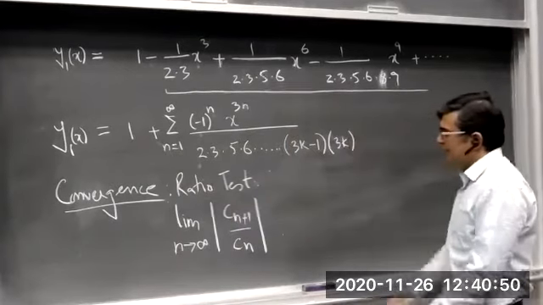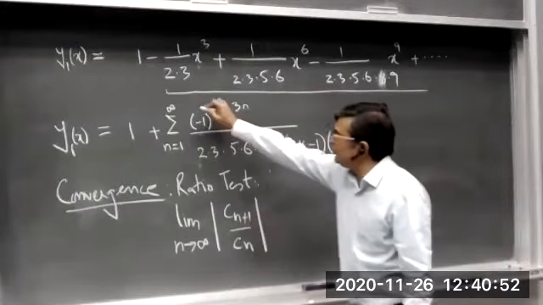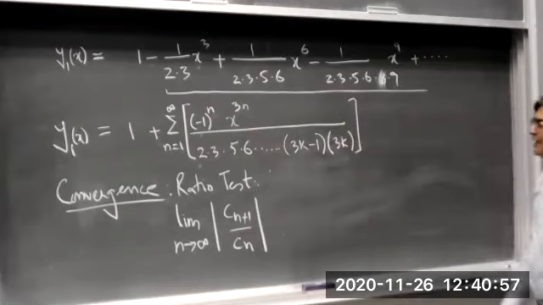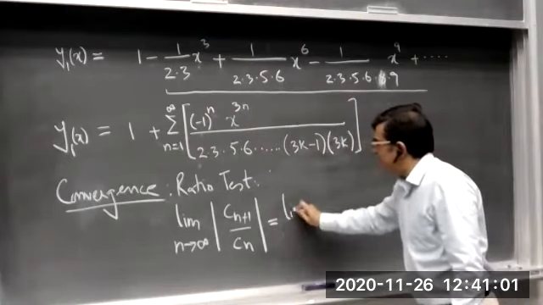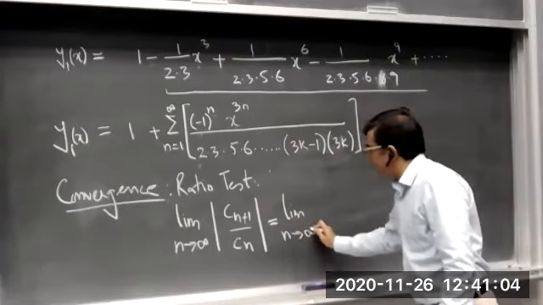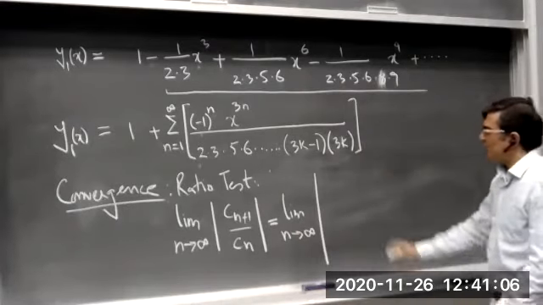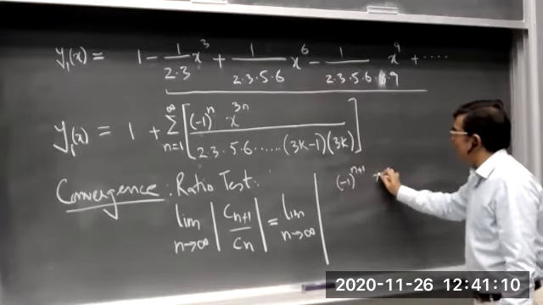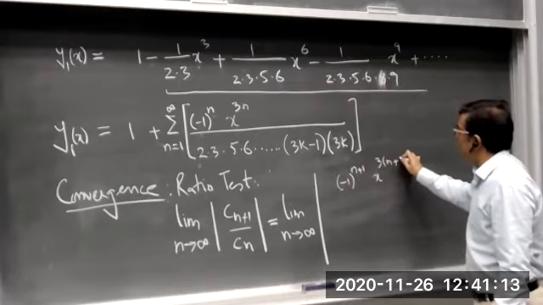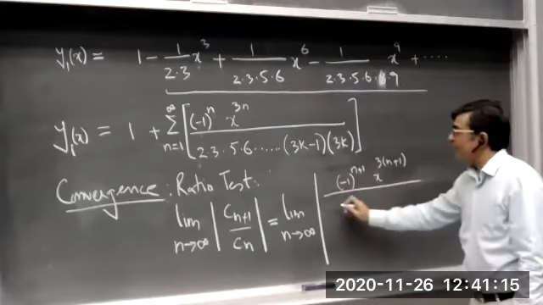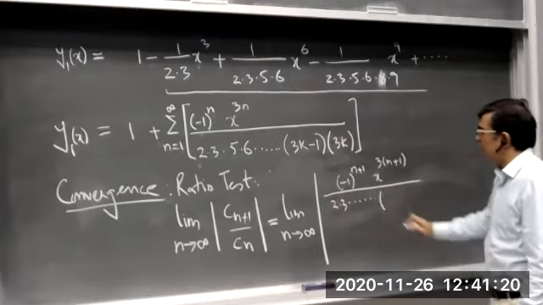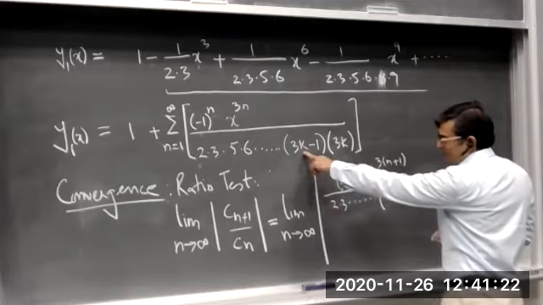Now, what are cn and cn plus 1? This is your cn. Now, writing cn plus 1, n goes to infinity. What is your cn plus 1? It will be minus 1 raised power n plus 1, x raised power 3 into n plus 1, whole divided by 2 into 3 into so on into, you have to replace here k by n plus 1.